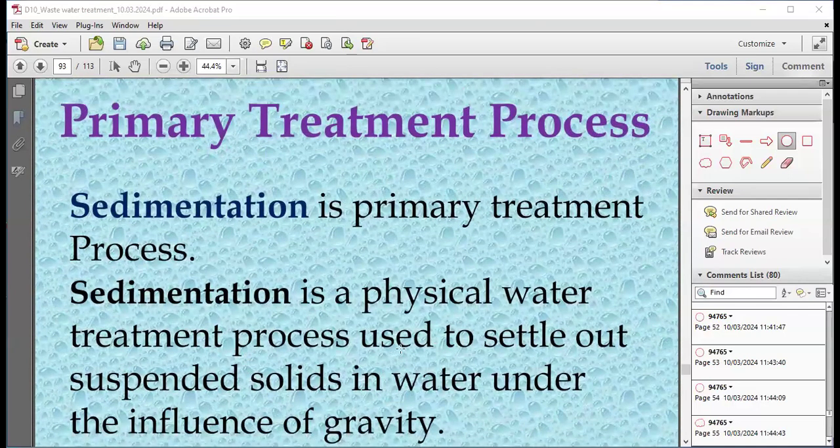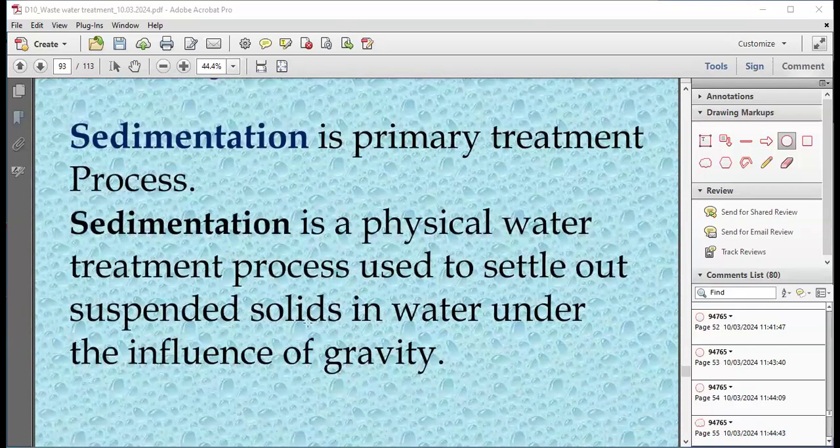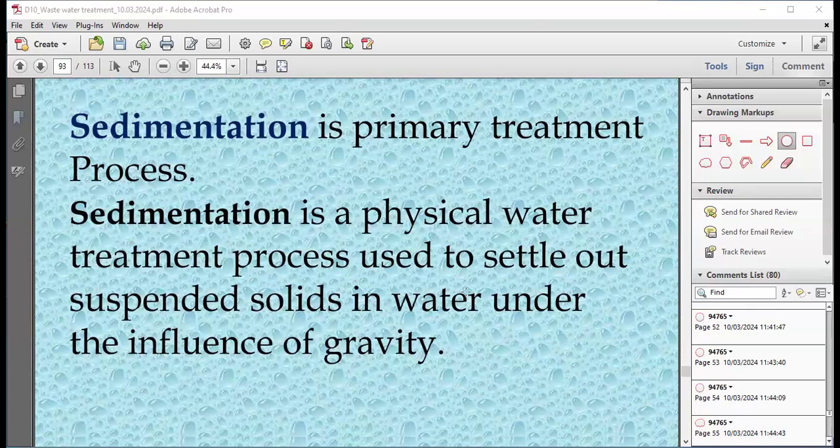The sedimentation is the primary treatment process. Sedimentation is a water treatment process used to settle out suspended solids in water under the influence of gravity.